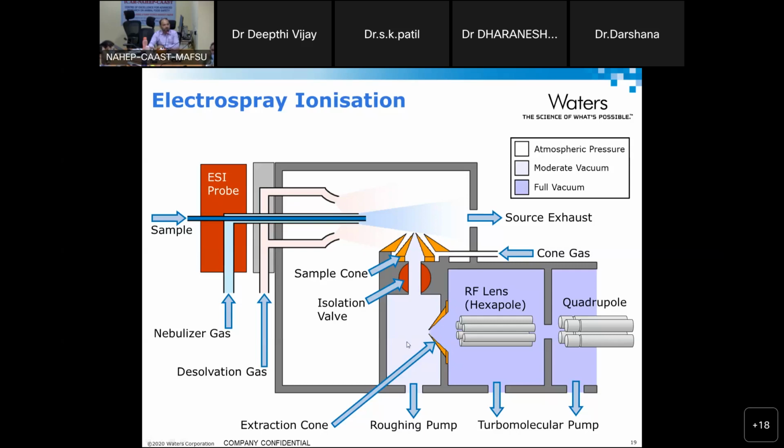Then they will move here, and again a high voltage is applied in this region, so ions will take another 90-degree turn, and then they will move to the hexapole. Hexapole is basically an ion guide. It streamlines all the ions which are coming from the sample cone, and passes those ions to the quadrupole for further separation.